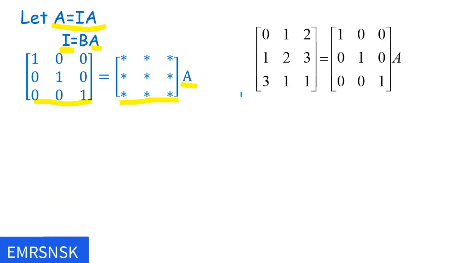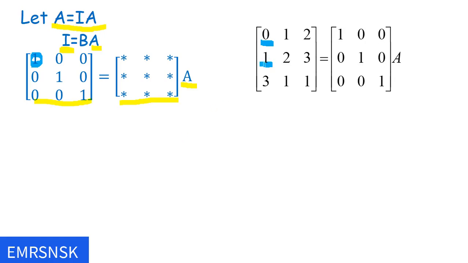So I need this element, A11, as 1, but here we are having only 0. In order to convert this element to 1, but 1 already is there in the second row, what we will do, we will interchange the first row and second row.